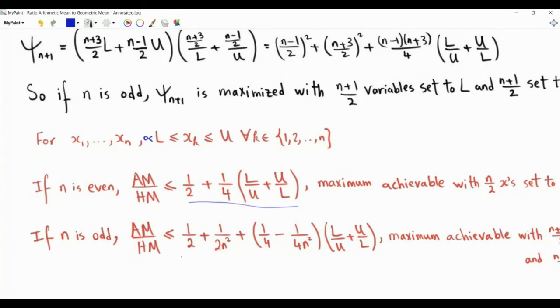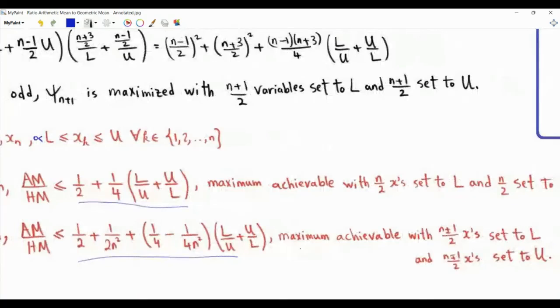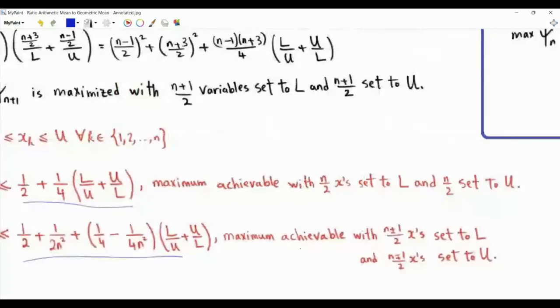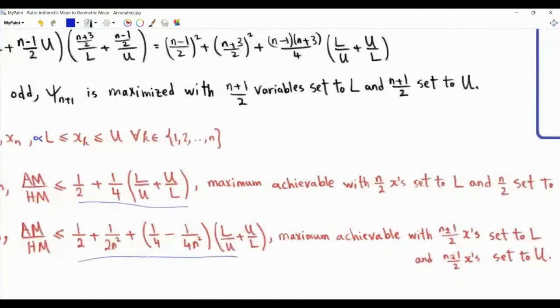If n is odd, then the maximum of the ratio of the arithmetic mean to the harmonic mean will be given by this quantity. And now the maximum is achievable. We will have one extra variable equal to L or one extra variable equal to u.